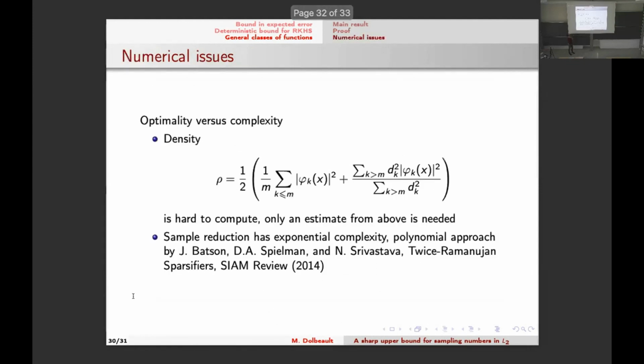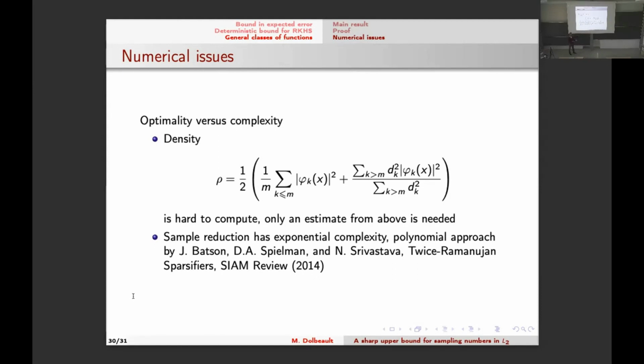I'll skip that, and I just had a few final remarks on algorithmic complexity, because what I presented were very simple algorithms, weighted least squares, and we could do other things that are polynomial in complexity and easy to implement. But the difficult part comes from choosing the points. Here, I first use a density, which is based on an infinite sum, which is hard to compute.